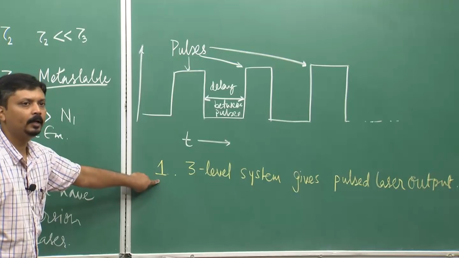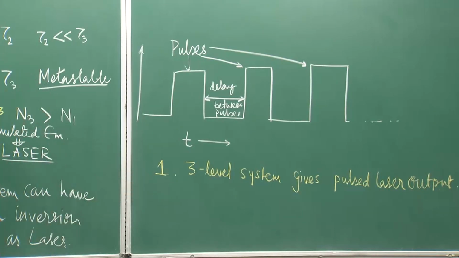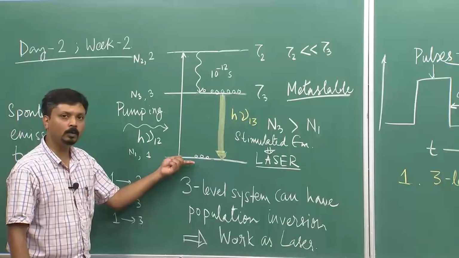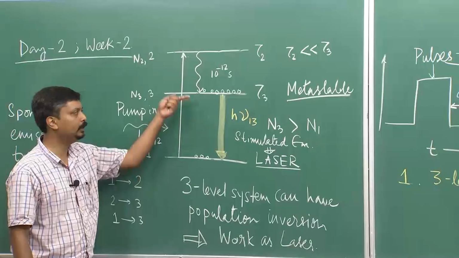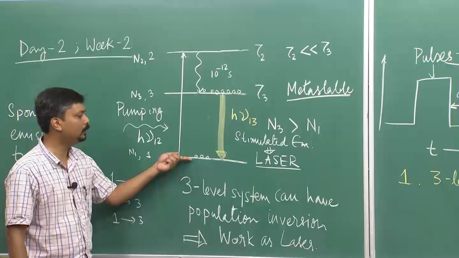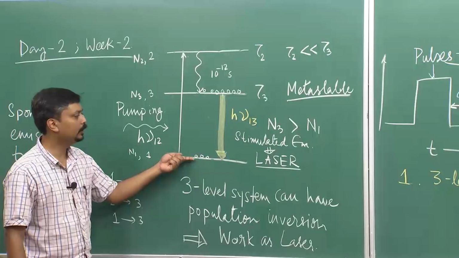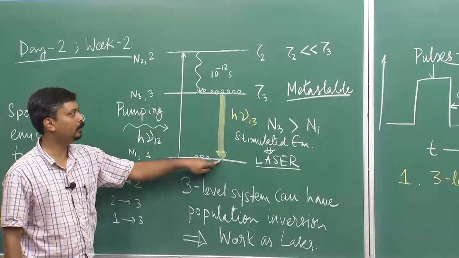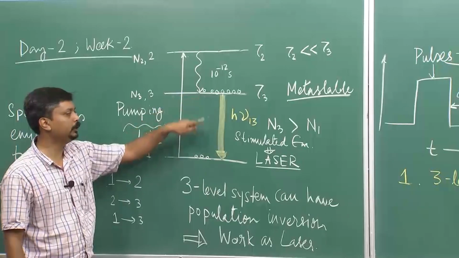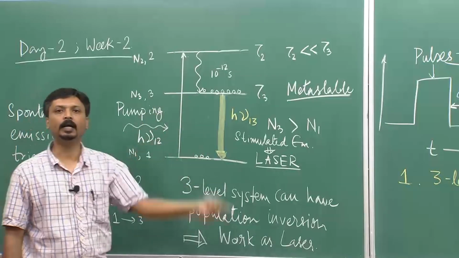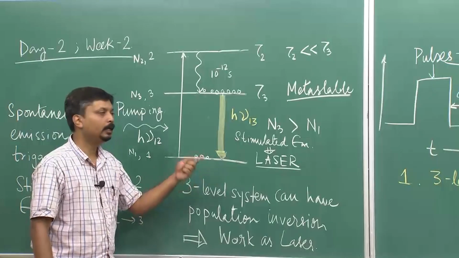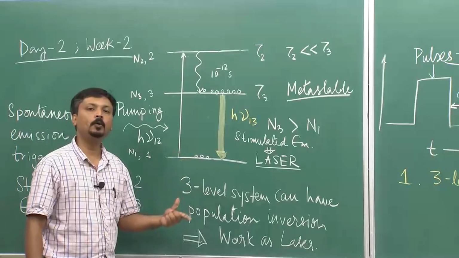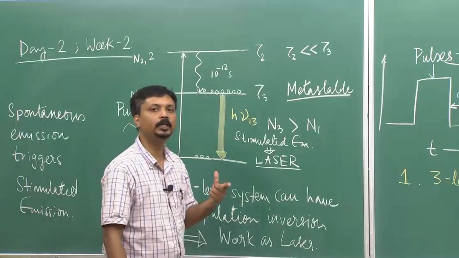So, why is this happening? Because the actual ground state of the molecule is involved in this laser process. So, this ground state is the lower state between the 2 states which are involved in the lasing action. Okay. So, what happens here is that it is difficult to maintain the population inversion.